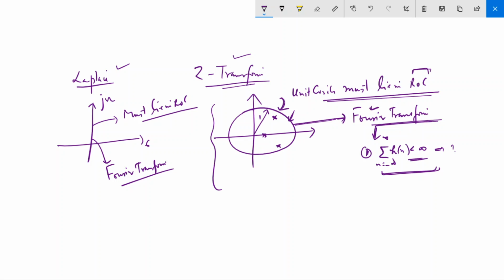Okay, this is how you see stability in the Z domain, or similarly in the Laplace domain. We just look at the imaginary axis. If the imaginary axis lies in the region of convergence, the system becomes stable, otherwise it is unstable.